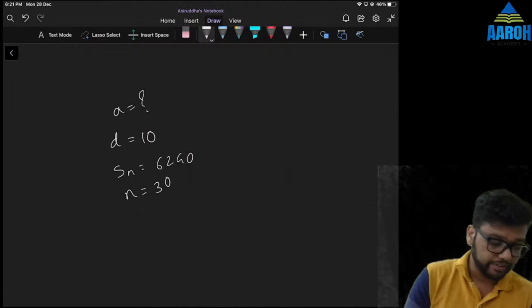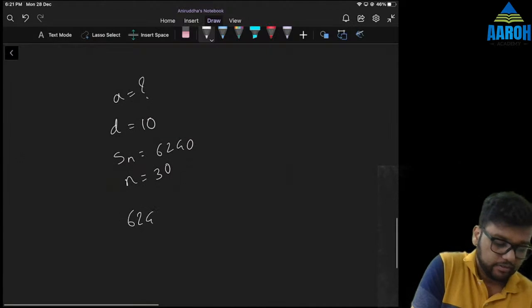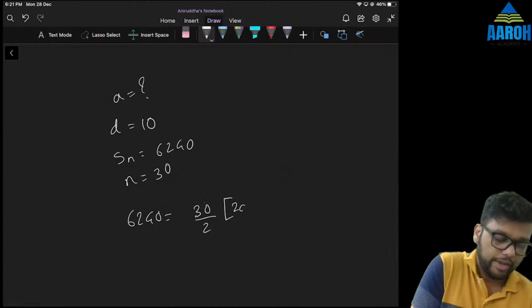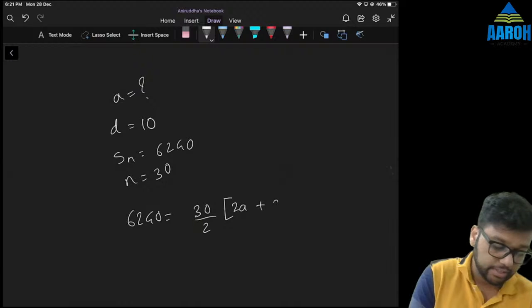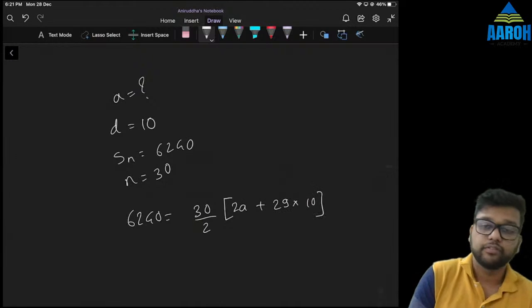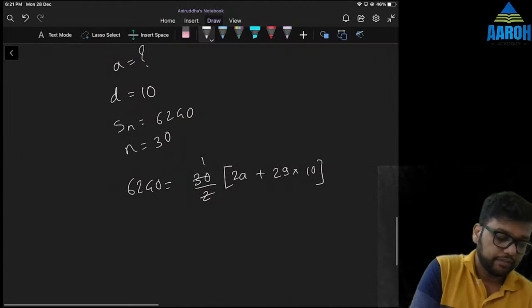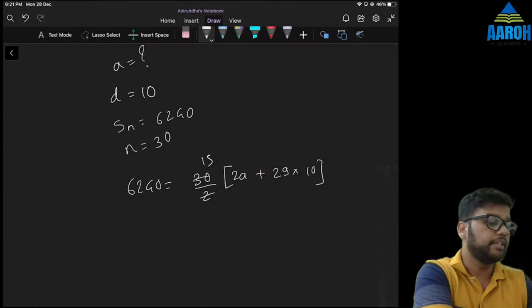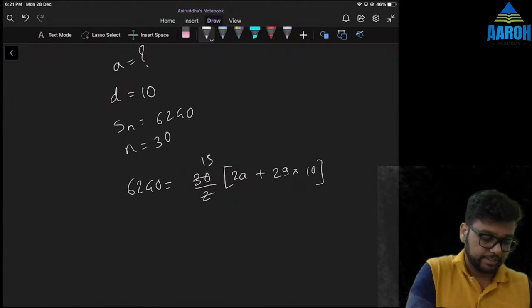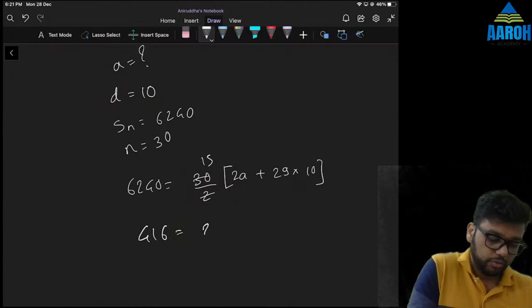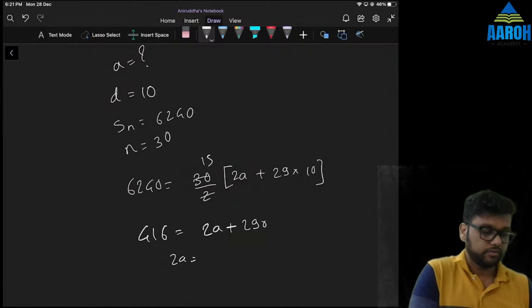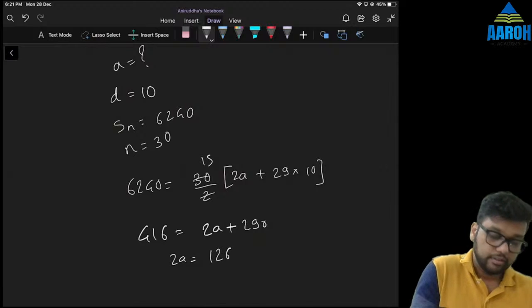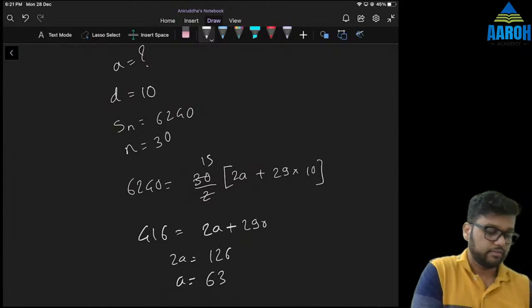So we can use formula of SN. SN is N by 2 into (2A plus (N minus 1), that is 29, into D, that is 10). This is 15. 6240 divided by 15 is 416, equal to 2A plus 290. That means 2A is equal to 126. That means A is equal to 63.